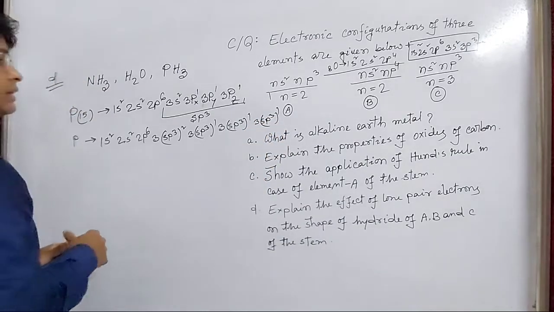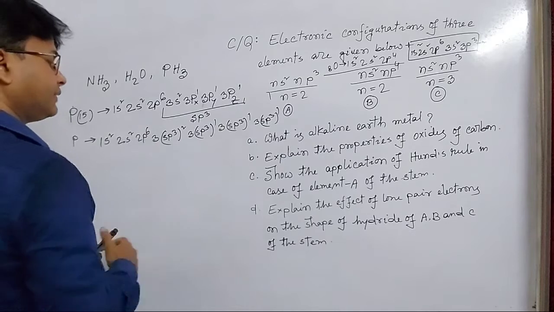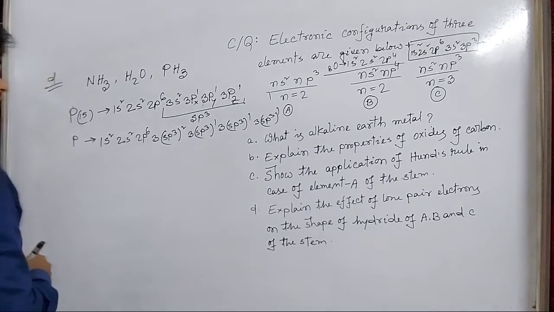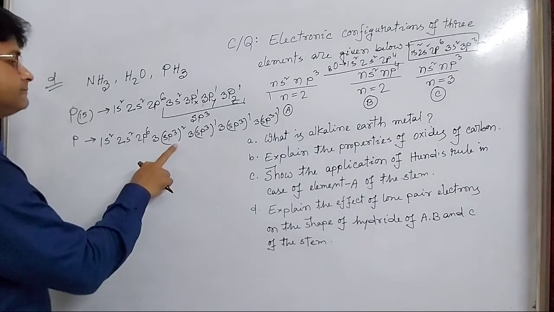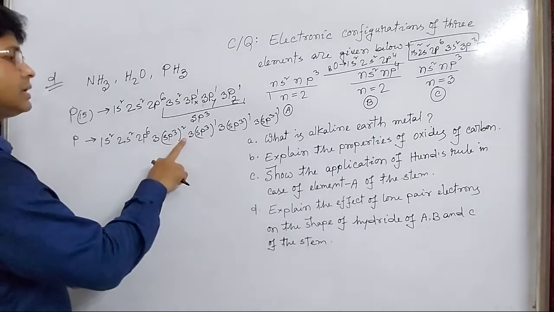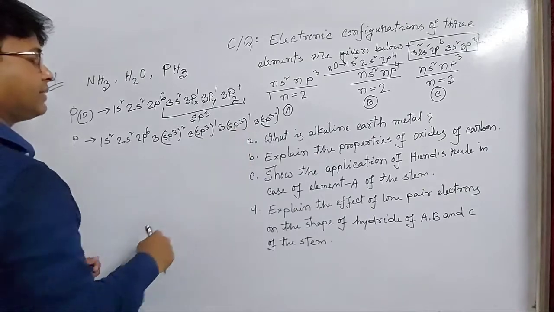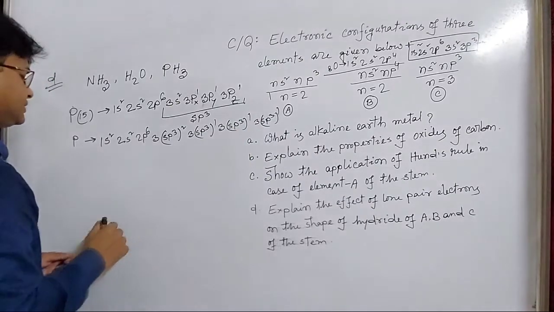Students, there are 4 sp3 hybrid orbitals, but one sp3 hybrid orbital contains 2 electrons and 3 sp3 hybrid orbitals contain 1 electron each.